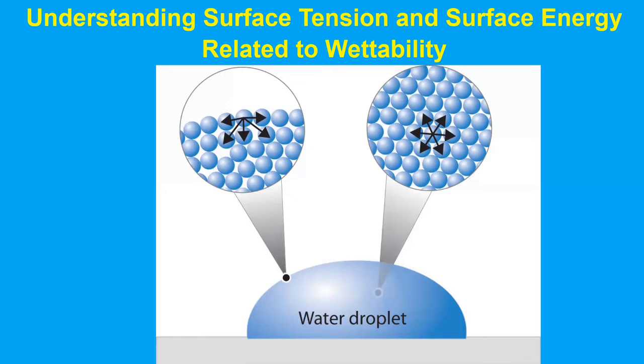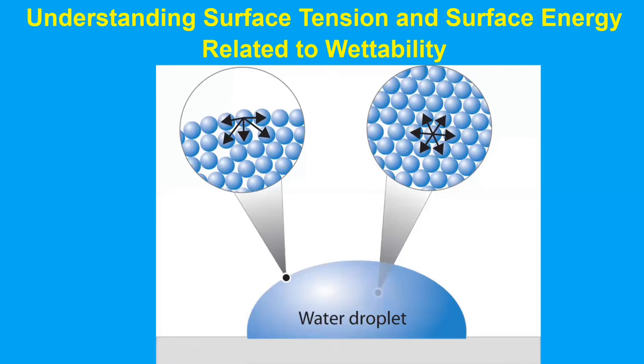So how can we measure surface tension? In the printing process, we measure the surface tension of inks, solvents, or any liquids in dynes per centimeter.